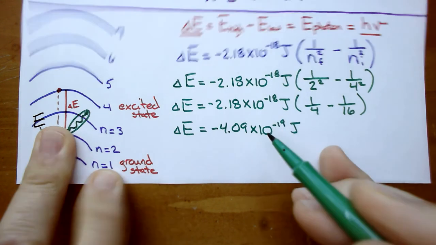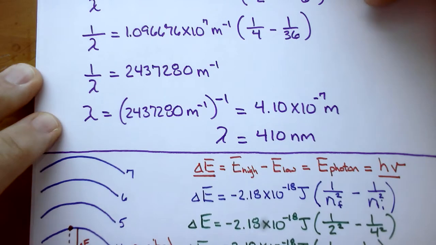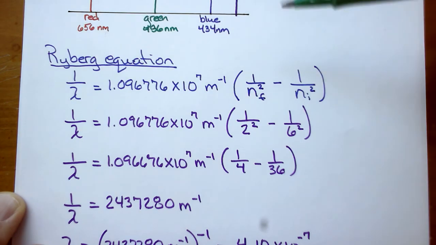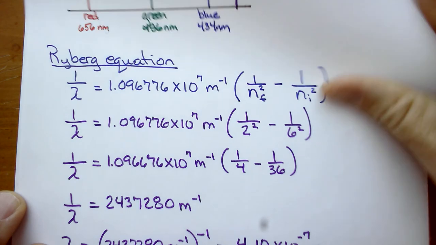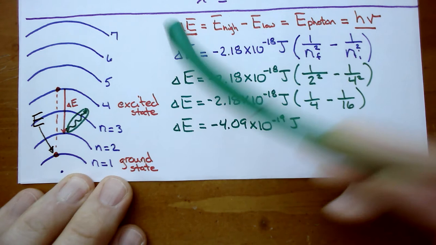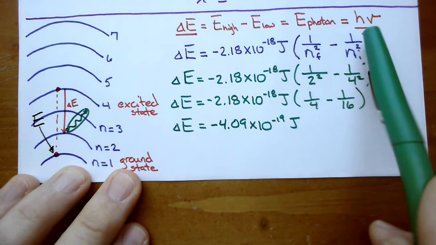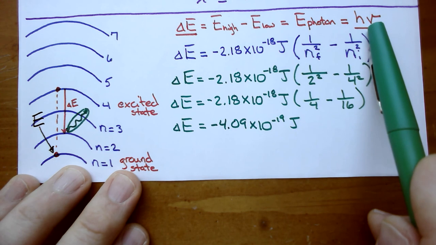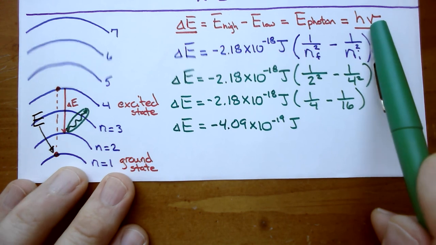Now, how do I know which one of these up here this correlates to? How do I know what energy correlates here? So remember the equation up here that delta E is equal to Planck's constant times frequency, but we can substitute frequency with c over lambda.